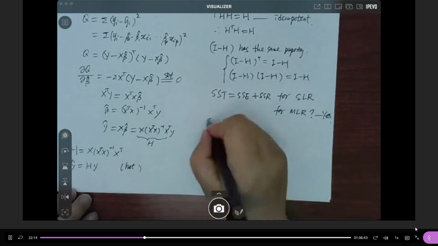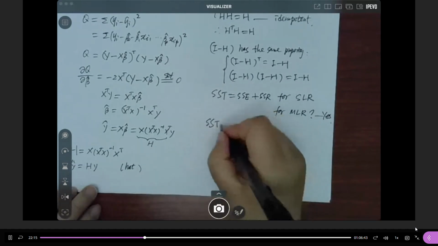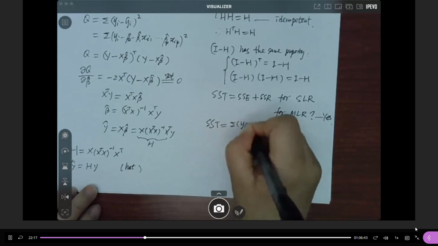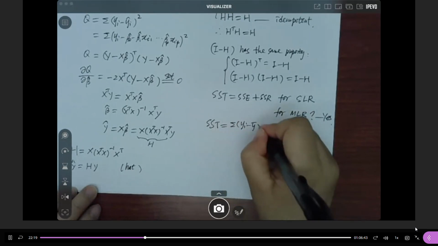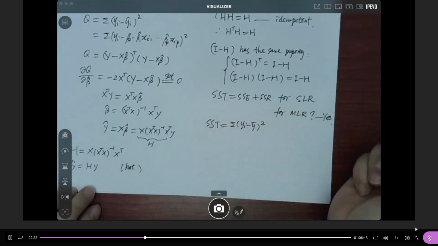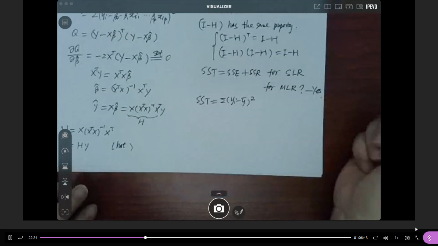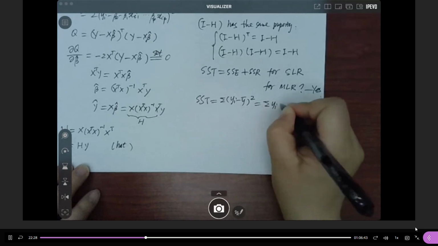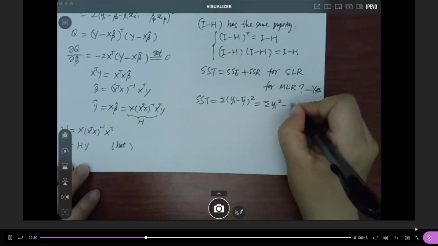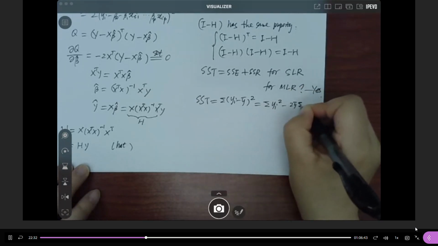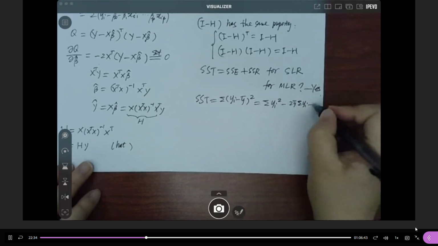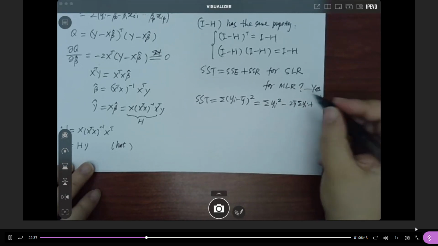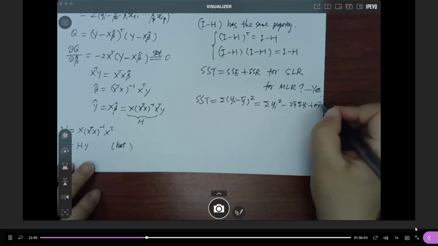So SST, start with the scalar form, summation yi minus y bar squared. Then we eventually turn that into a matrix form. So this is the summation of yi squared, minus 2 times y bar summation yi, plus summation y bar squared, so you have n times y bar squared.